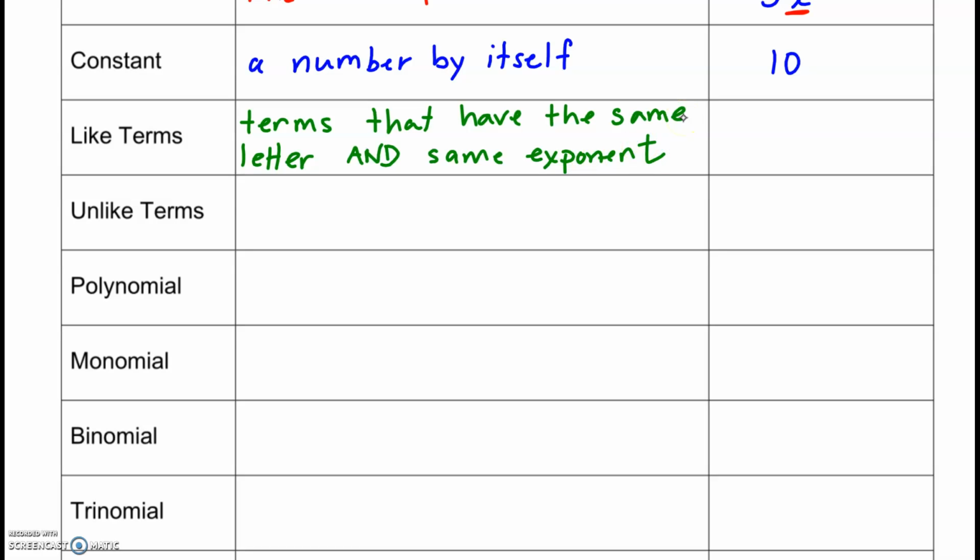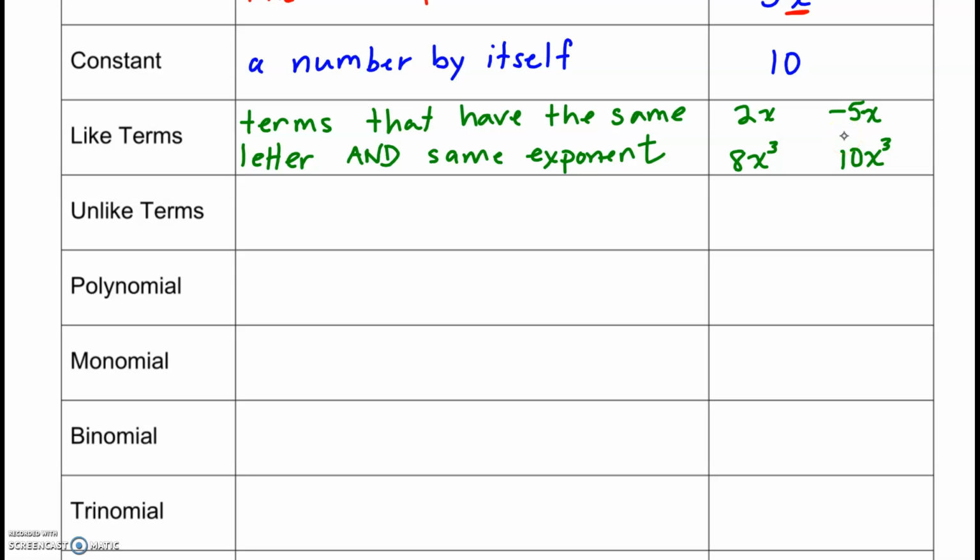For example, if I have, say, 2x, that's a term, and negative 5x, they both have the same letter x, and the exponent on x is the same if they both don't have any exponent. Or I could have, let's say, 8x cubed and 10x cubed. These are like terms because they both have an x and they both have an exponent 3.